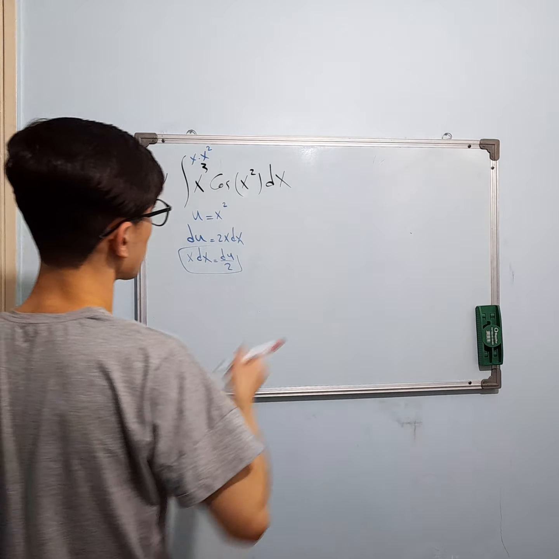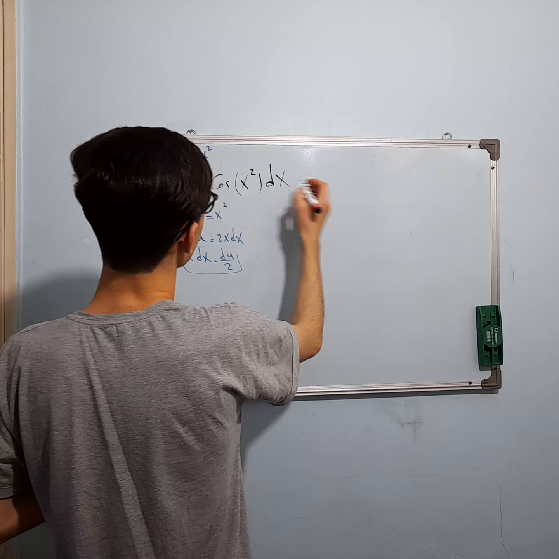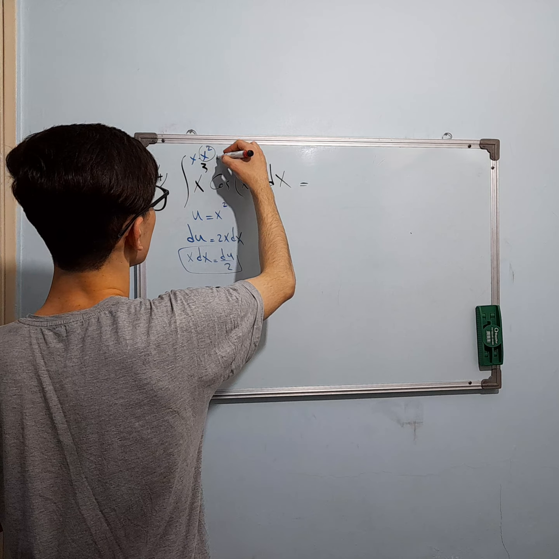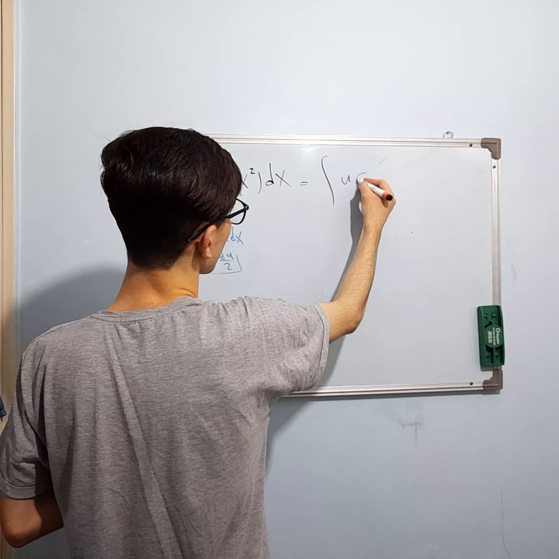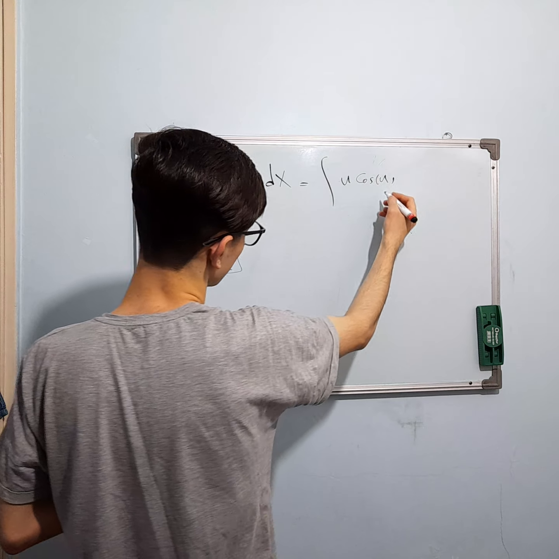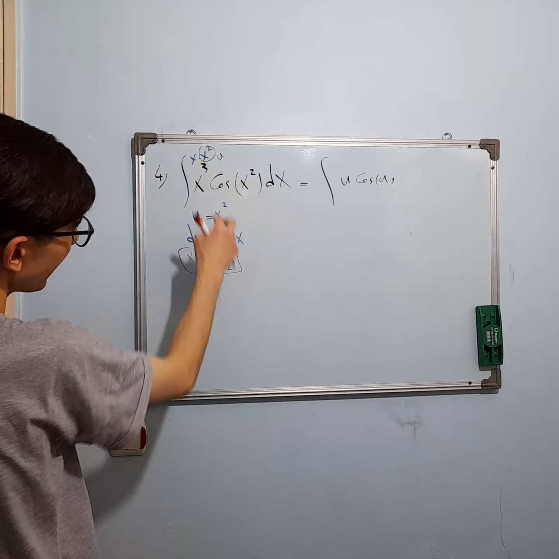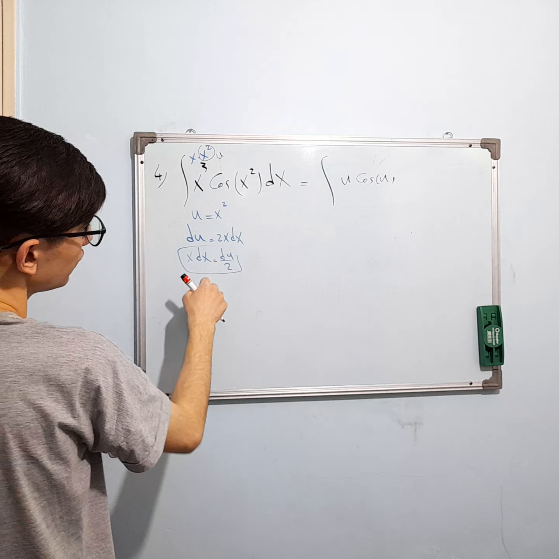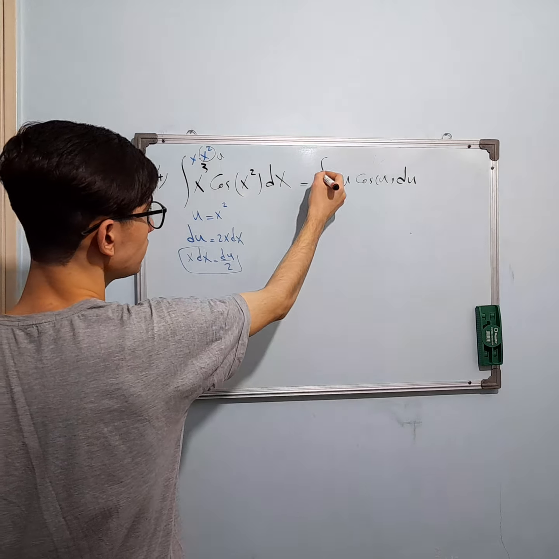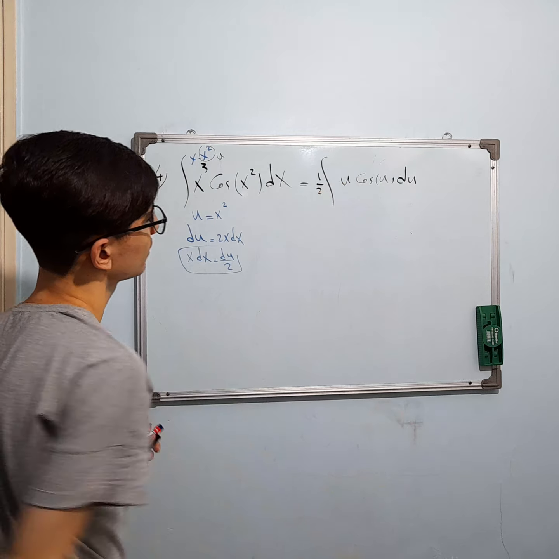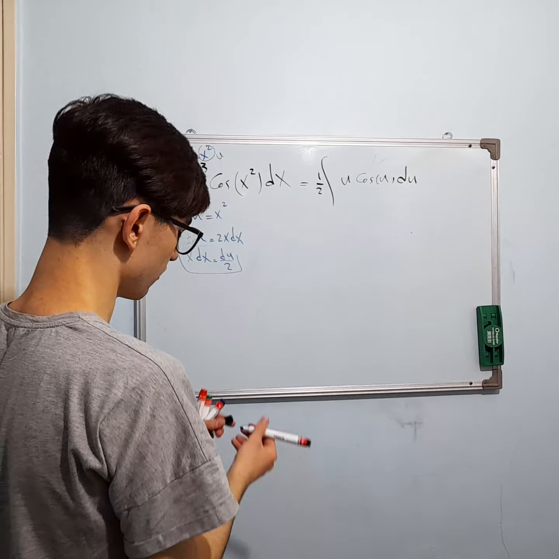And this is u, right? U cosine u, and x dx is du over 2, and I bring the 1/2 behind the integral.